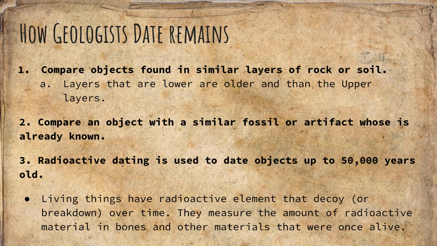Living things, just as you and I, have a radioactive element that decays or breaks down over time. So basically, they measure the amount of radioactive material in bones and other materials that were once alive. They use the amount of carbon that is being emitted from that particular object to date that object.